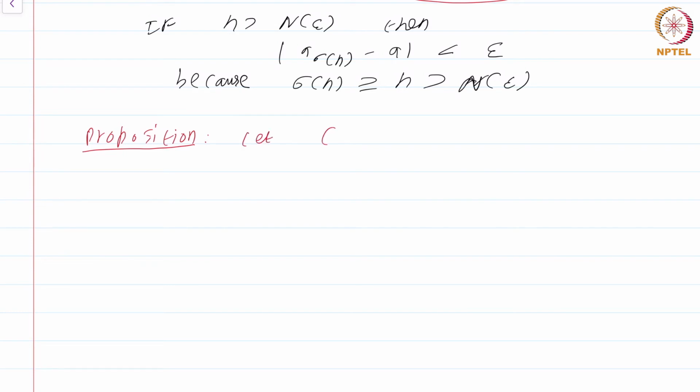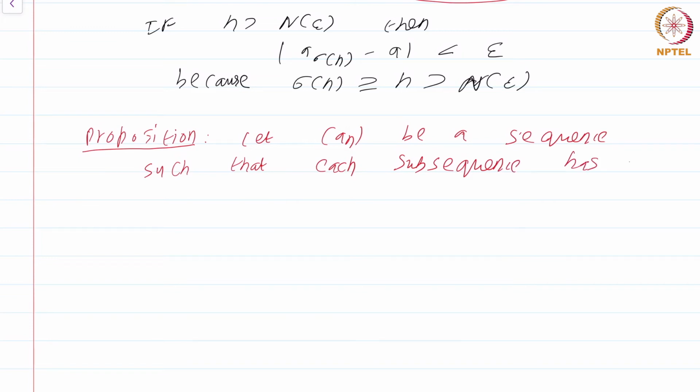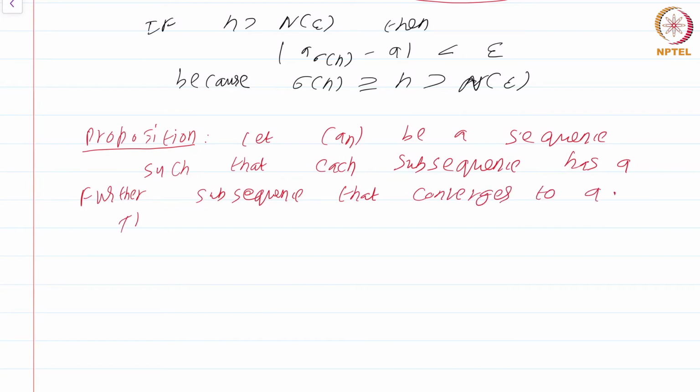Let a_n be a sequence such that each subsequence has a further subsequence that converges to A. Then a_n converges to A. What this is saying is, no matter what subsequence you take, we are not guaranteed that that subsequence converges to A, but what we are guaranteed is that some subsequence of the subsequence you are considering converges to the point A. In this event, the whole sequence a_n itself converges to A.